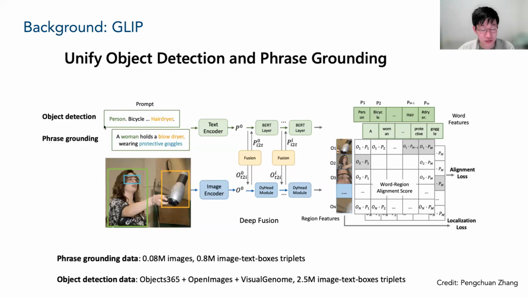That task is traditionally known as phrase grounding, where you give a sentence and you're trying to ground the phrases in the caption to the image. With that formulation, you are unifying these two tasks of object detection and phrase grounding. And the benefit of doing that.